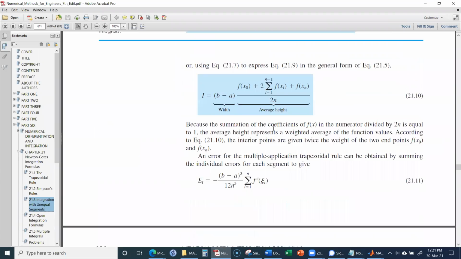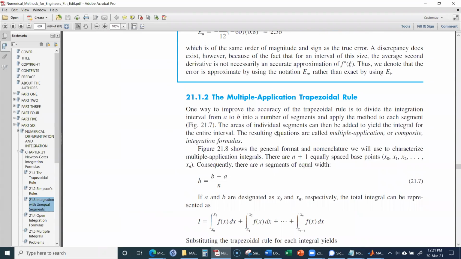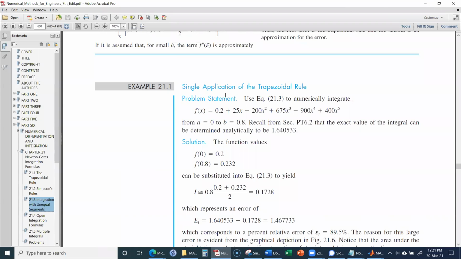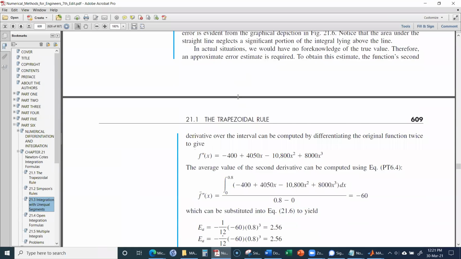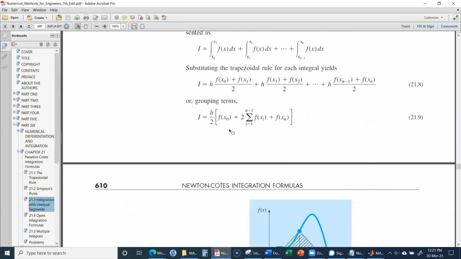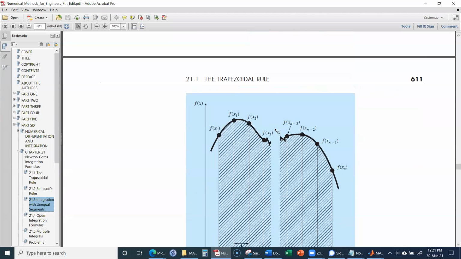you have this here, and this is the single application of the trapezoidal rule. And then we have the multiple application of the trapezoidal rule.